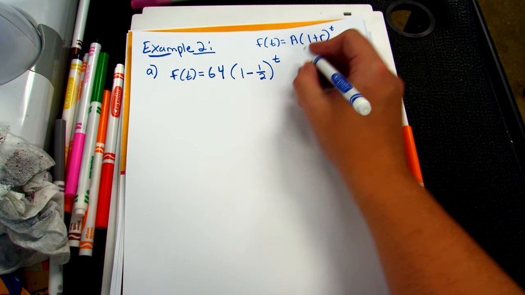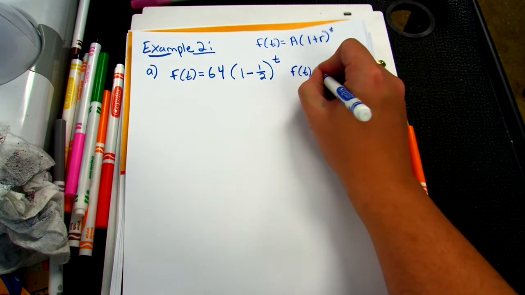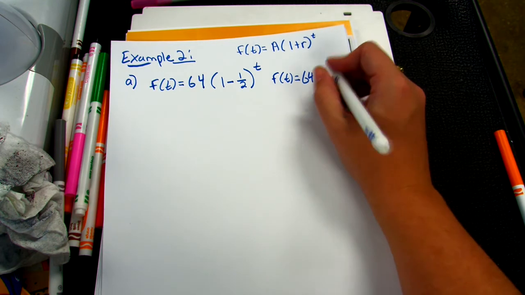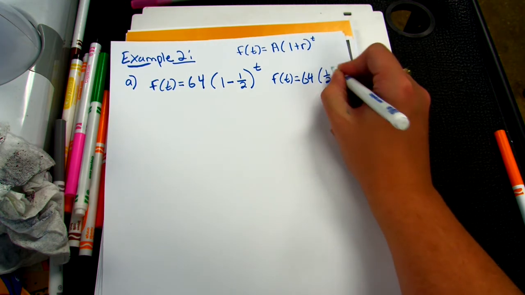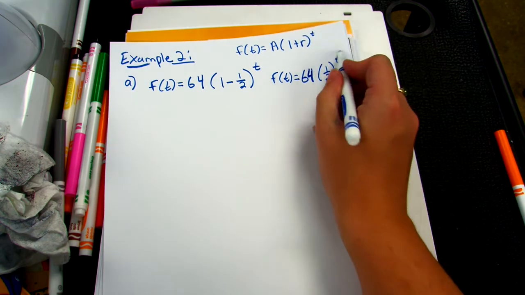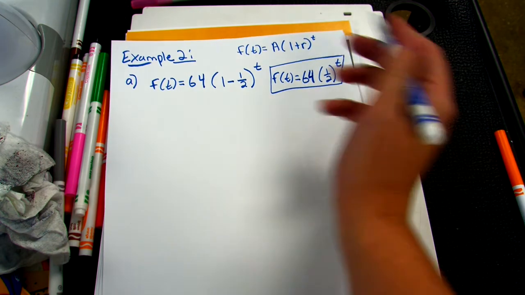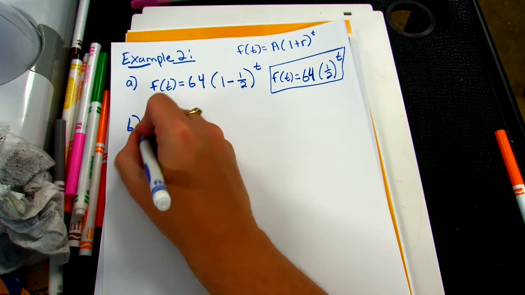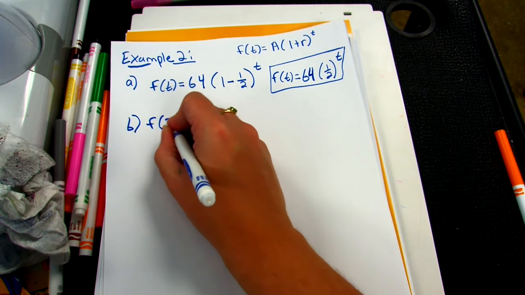Okay, so now we have our function. We can actually simplify this and say, well, f of t equals 64 times 1/2 to the t, since 1 minus 1/2 is 1/2. This is actually more simplified here. But part B wants to know, well, how many teams are left after 3 rounds? So we're going to plug in 3.